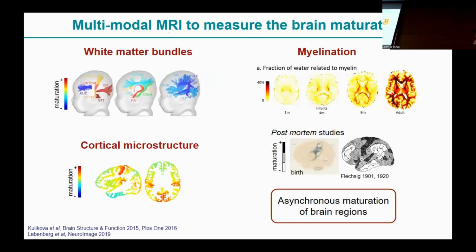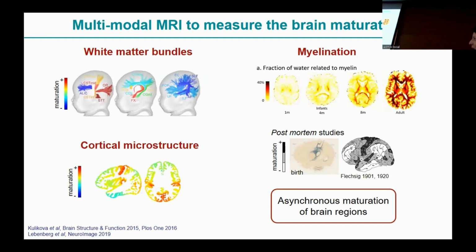And finally, on these infants, we have been able to use multimodal MRI, which means combining different markers to try to get more insights on the maturation of the white matter bundles, but also on the cortical microstructure. This is some work performed by Jessica Lebenberg, who is also here today.